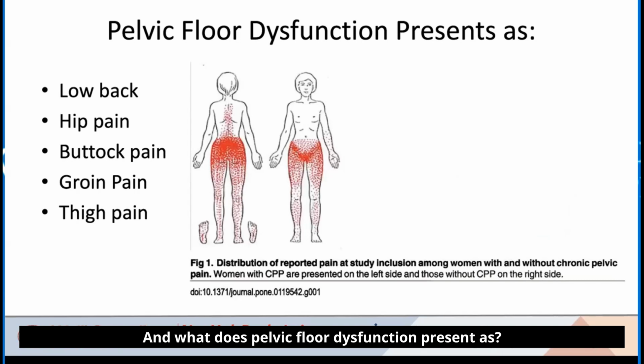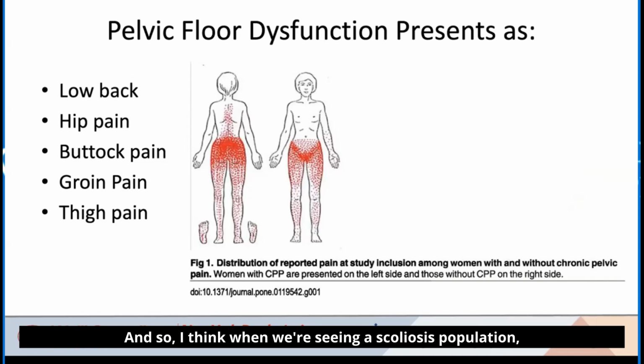And what does pelvic floor dysfunction present as? This is a nice schematic that shows you all the different places pelvic floor dysfunction can show up. Low back pain, hip pain, buttock pain, groin pain, thigh pain. We talked a lot about all those different muscles and those nerves and the innervation. So all of these different areas can be where people will complain of discomfort.